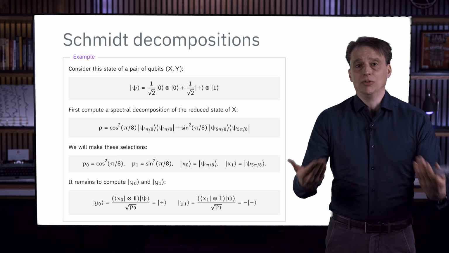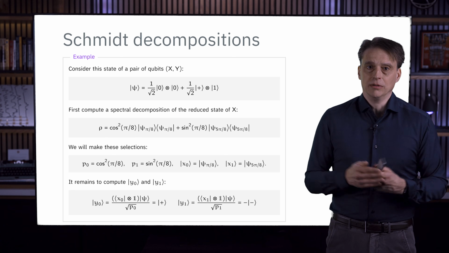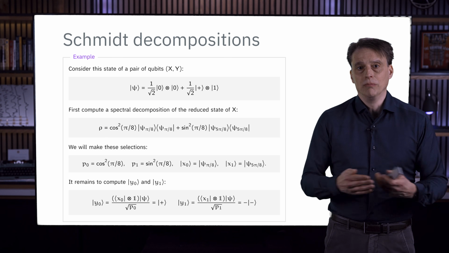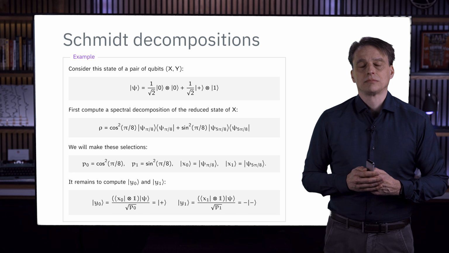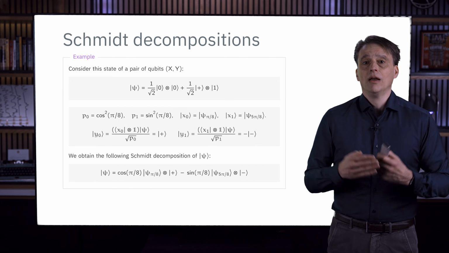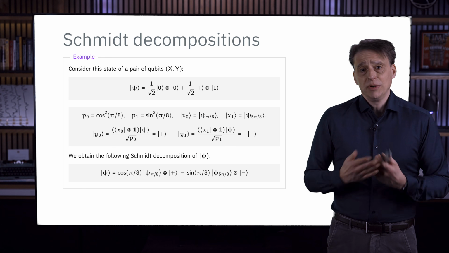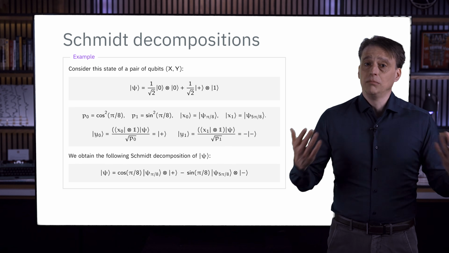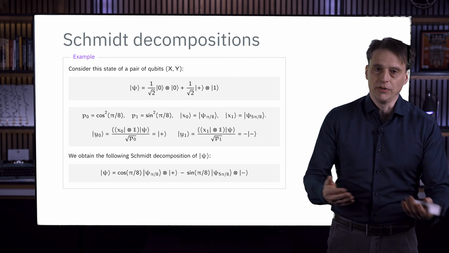You have to actually do the calculation to see it, but that is what we get. And as expected, those two vectors are orthonormal, as they will always be if you've done the calculations correctly. And that gives us a Schmidt decomposition. Schmidt decompositions are very handy in many situations, and shortly we'll see what they tell us about purifications.